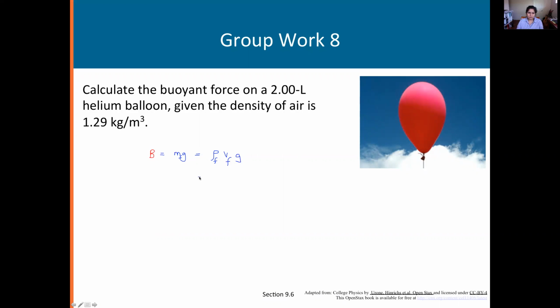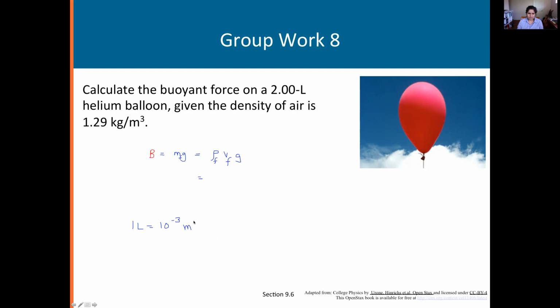What is rho of the fluid? That's given here, 1.29. What's the volume of the fluid? It's the entire volume of the balloon. That volume is displaced. We need to convert liters to meters cubed. So 1 liter equals 10 to the minus 3 meters cubed.